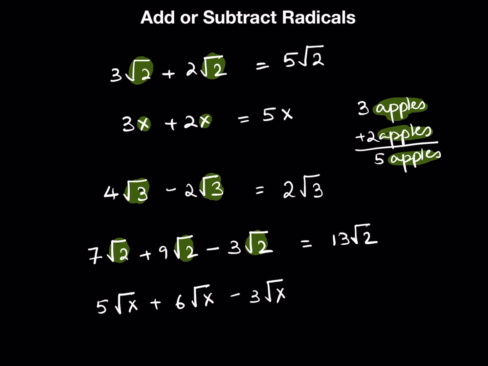The interesting thing is you don't really need to know what x is, as long as you have the same radical, square root of x and square root of x. Then all you have to do is add the coefficients. So 5 plus 6 gives you 11, minus 3 is 8. So that makes it 8 square root of x.